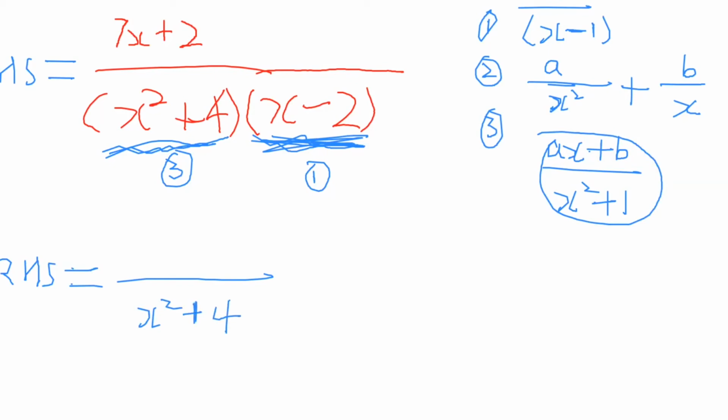So I should get Ax plus B, then plus case 1, which I just repeat. I already used my A here, so I can only use C here. So my right hand side is this. Once you have this, all you need to do is equate your left hand side and your right hand side, and then compare left and right.